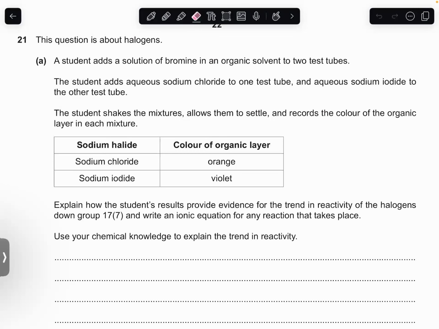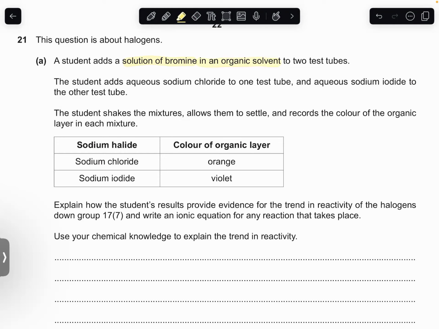We're looking at question 21, October 2020 paper. In this question, a student adds a solution of bromine in an organic solvent to 2 test tubes.